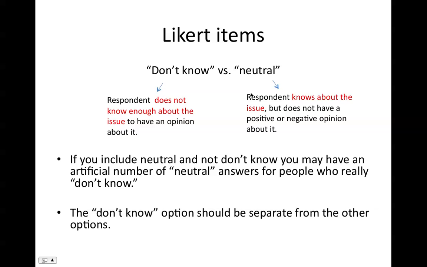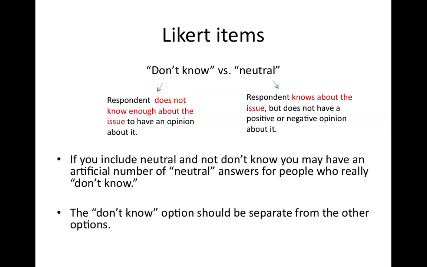A neutral category is a little bit different than a don't know. A don't know is someone who does not know enough about the issue to have an opinion. A neutral category specifically is someone who, again, does not know about the issue enough to really give a positive or a negative opinion about it. A lot of times neutral and don't know are combined, and it's unfortunate, but that's the way it is.